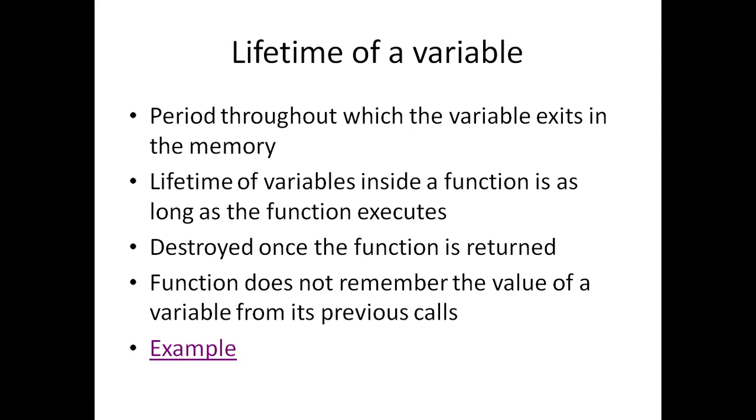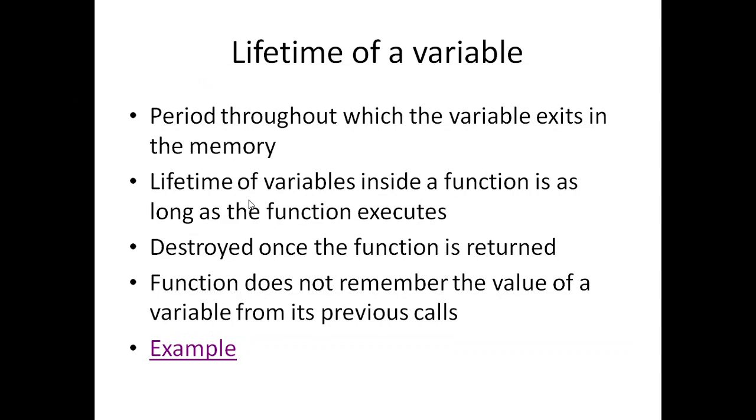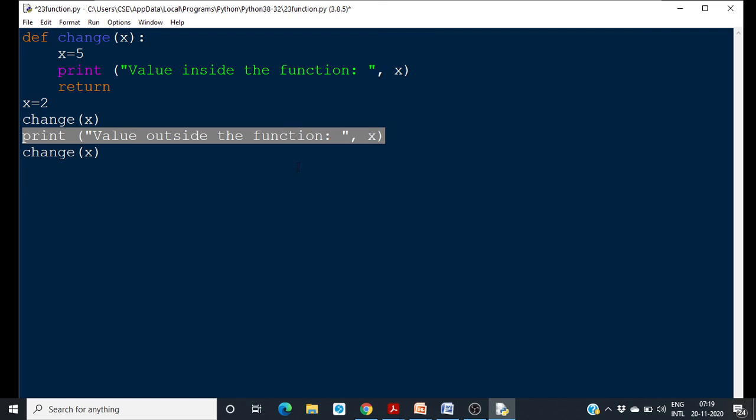Okay. So same example, you can see that. You can call the change function again and again. You can use the same code again and again, and you can print the same statement here also.